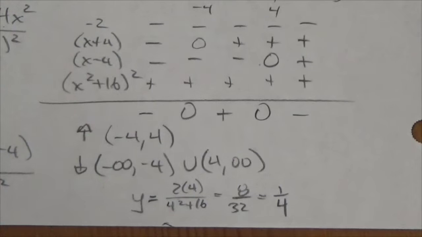Hold on, I am getting there. Okay, so I'm going to do 2x divided by bracket x squared plus 16.